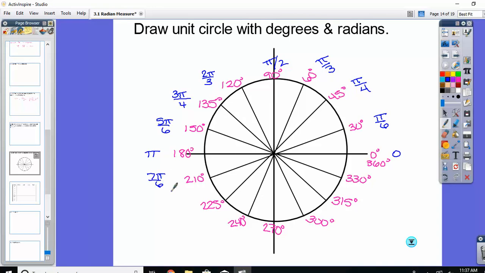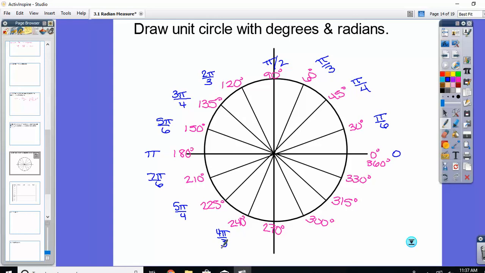How is the numerator related? 1 more. So 225 should be 5 pi over 4. Because it's a reference angle of 45, so pi over 4, and the numerator's 1 more. Okay, 240, that's a reference angle of 60, so that would be 4 pi over 3.